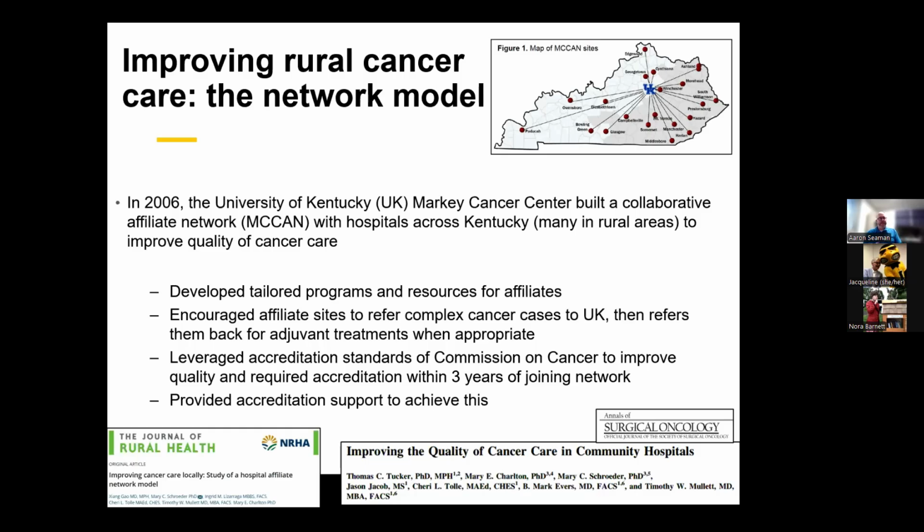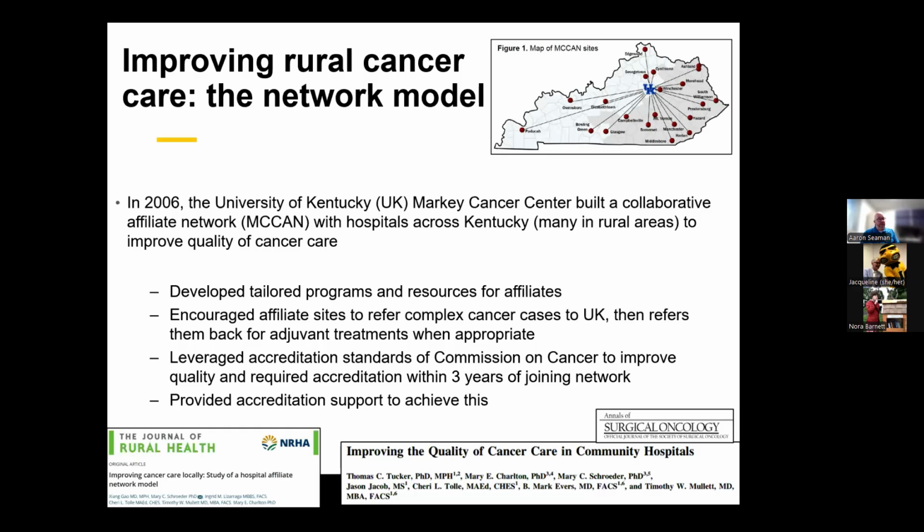They encouraged affiliate sites to refer complex cancer cases to UK and then referred them back for adjuvant treatments when appropriate. They leveraged accreditation standards of the Commission on Cancer to improve quality and required accreditation for affiliate sites within 3 years of joining the network.